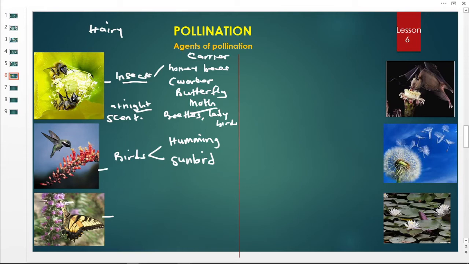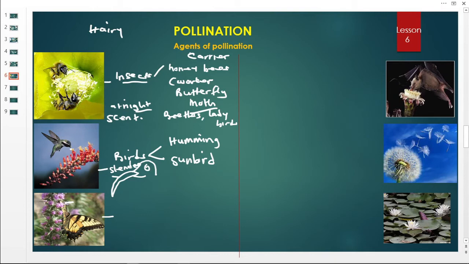These birds are able to fly forward and backwards. They are able to pollinate these flowers because they have a long, cylindrical, curved beak. So this is their beak. The beak is long and slender, tiny enough to fit in small flowers as you are seeing here.